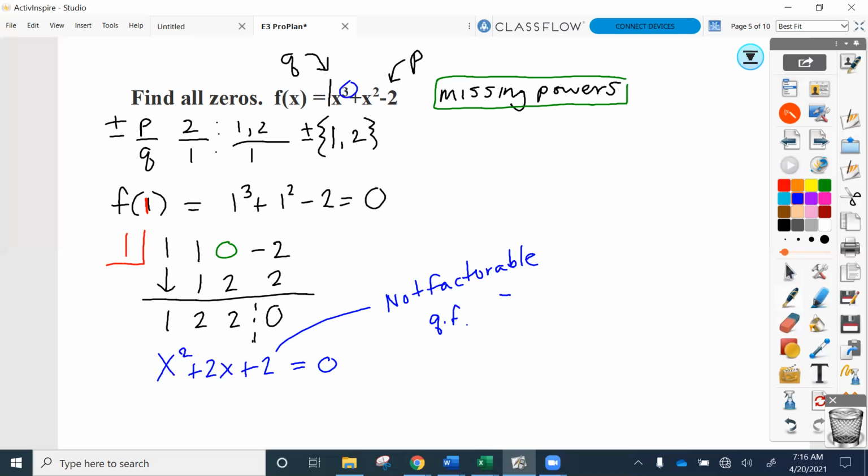So we could say x equals negative b plus or minus the square root of b squared minus 4 times our a value, which is 1, c value is 2, all over 2 times a, which is 1.